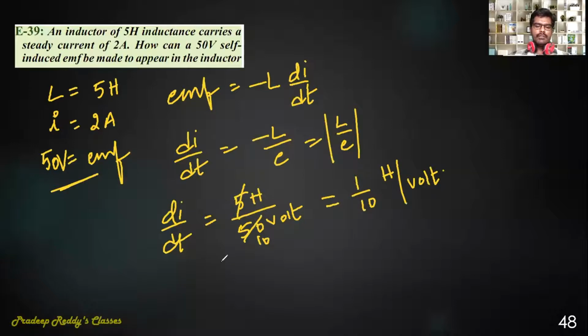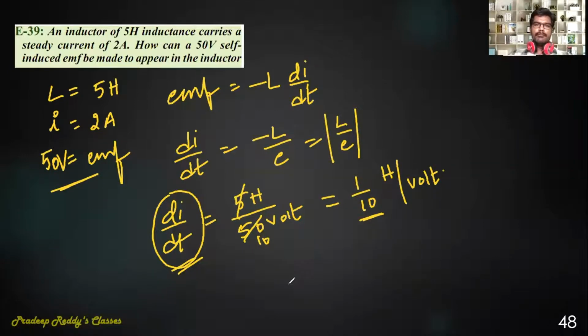So I want to now change this, right? If you are changing current in the circuit, then you will be produced with EMF which is equal to 50 volt. In order to appear an induced EMF, you need to change the current in such a way that it is equal to 1 by 10 times that of ampere per second.